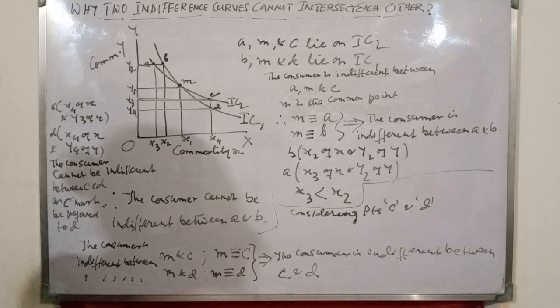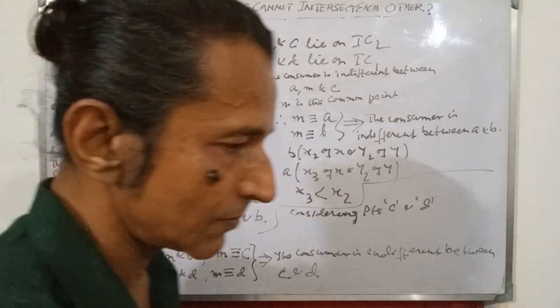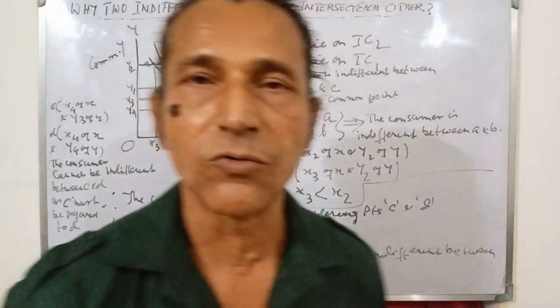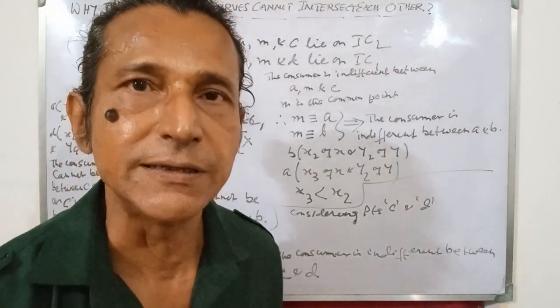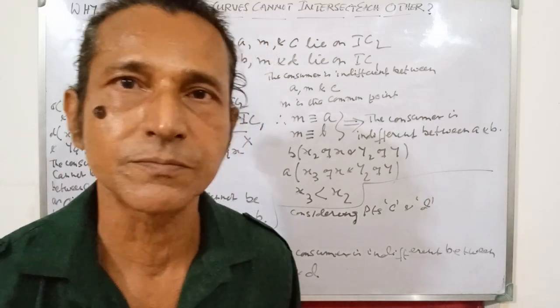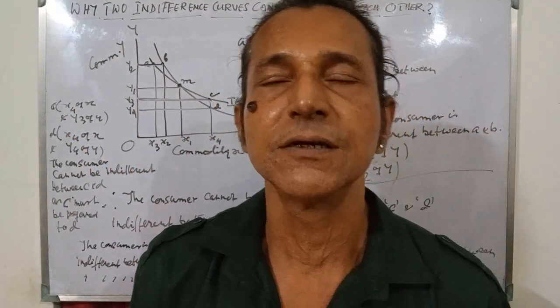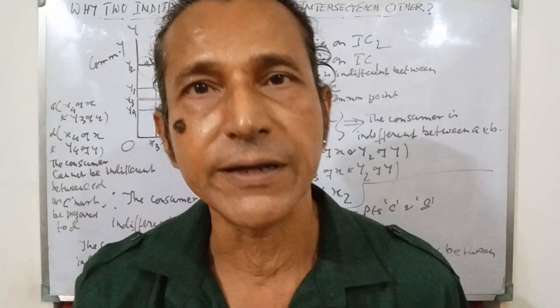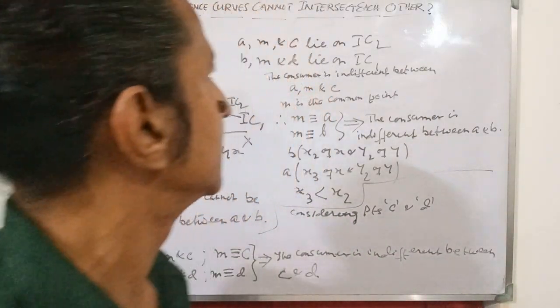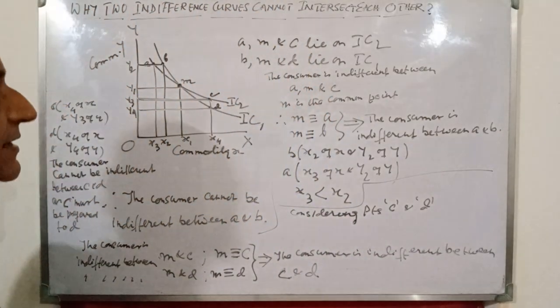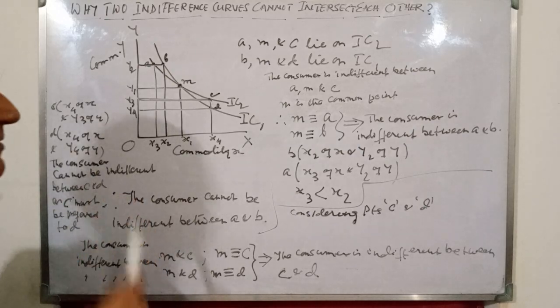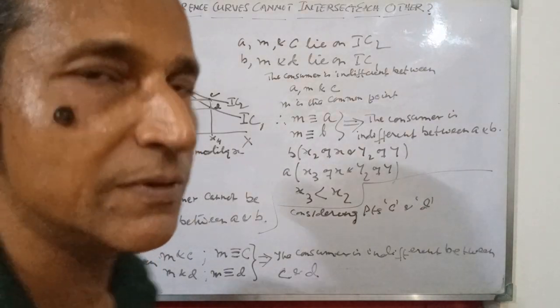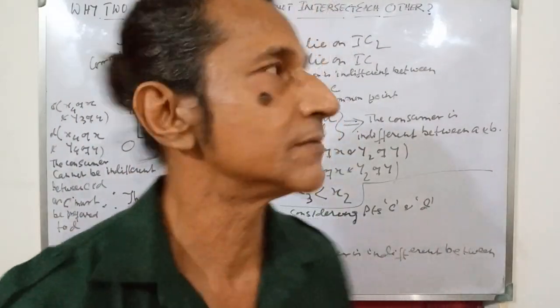So what can we conclude? What conclusion does this explanation lead us to? The conclusion is that two indifference curves cannot intersect each other. If two indifference curves intersect each other, then the indifference curves become self-contradictory.